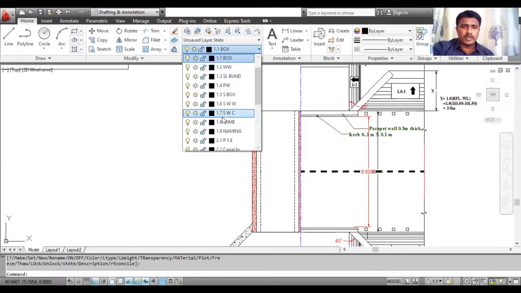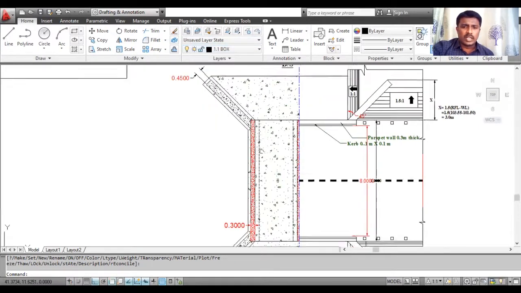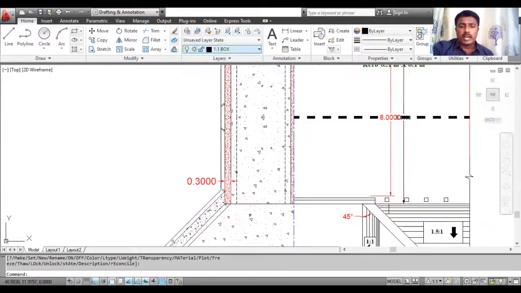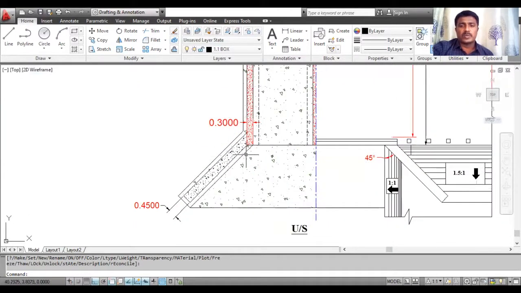So next procedure, draw concretes. You have to draw concrete offsets on wing walls. Here also, if the wing wall concrete offset is not given, you have to assume suitably, 0.2 to 0.3, and here also you have to assume suitably.